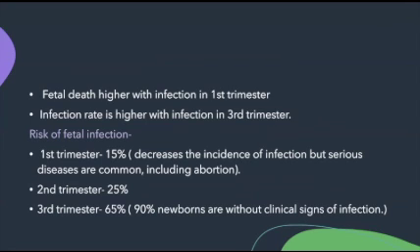And here, fetal death is higher with infection in the first trimester, while the infection rate is higher with infection in the third trimester. The risk of fetal infection is 15% in the first trimester, 25% in the second trimester, and in the third trimester 65%.